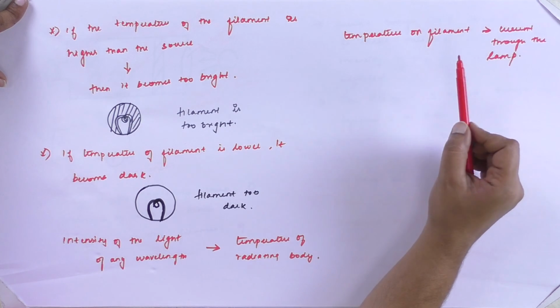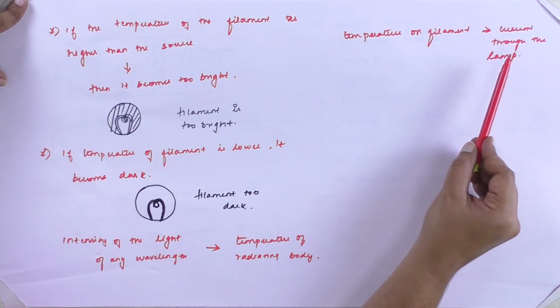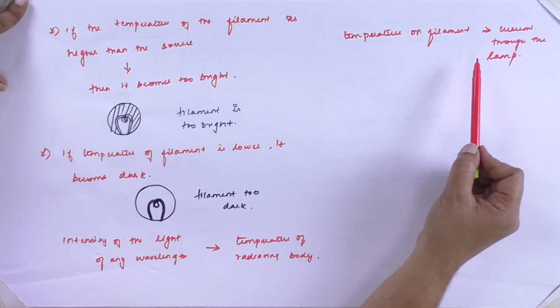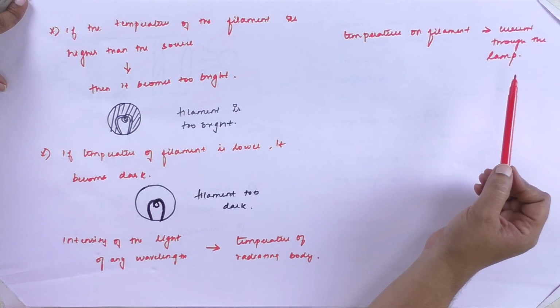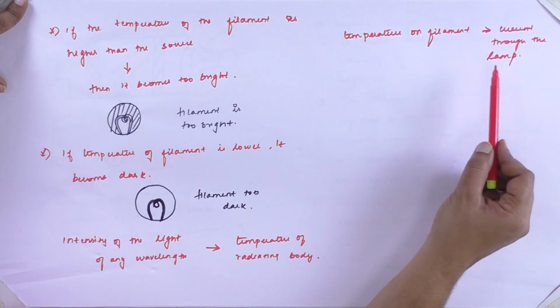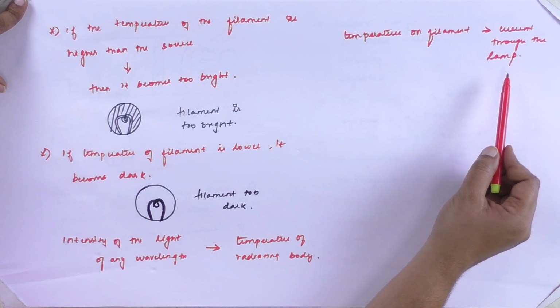So this instrument may be calibrated in terms of filament current, but we know that the current through the filament in the lamp depends on the resistance of the filament. So modern pyrometers are calibrated in terms of the resistance of the filament circuits.